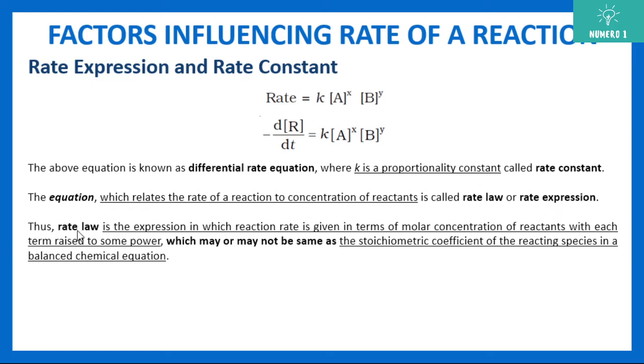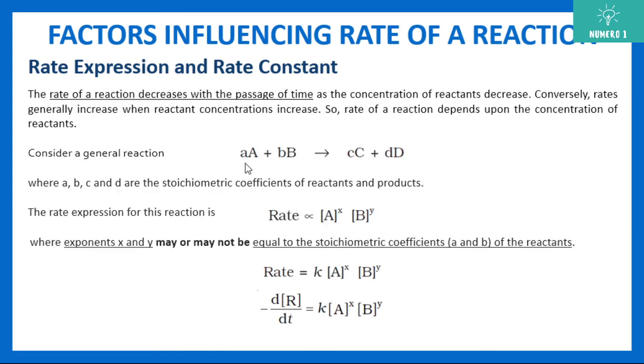The rate law is the expression in which the reaction rate is given in terms of molar concentrations of reactants, with each term raised to some power, which may or may not be the same as the stoichiometric coefficient of the reacting species in the balanced chemical equation. Clear this part? So this X and Y need not be equal to a and b.